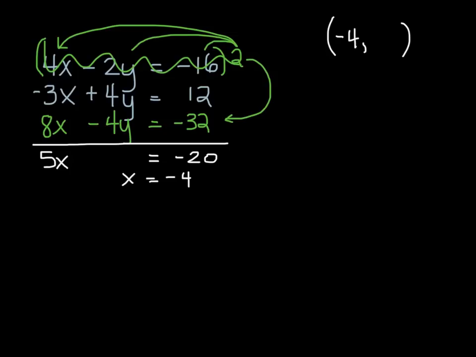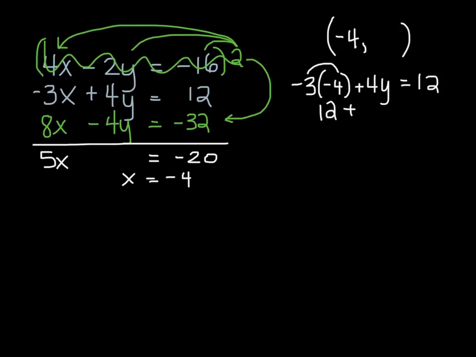I can pick any equation, the one I started with, the second one, or the one I changed it to. I don't like using the one I changed it to in case I changed it wrong, so I always go back to one of the originals. So I'm going to plug x right in here. I get negative 3, plug in the negative 4, plus 4y equals 12. This becomes 12.